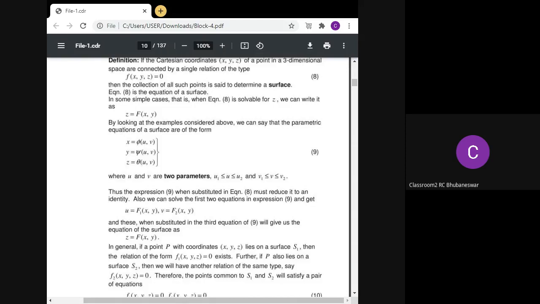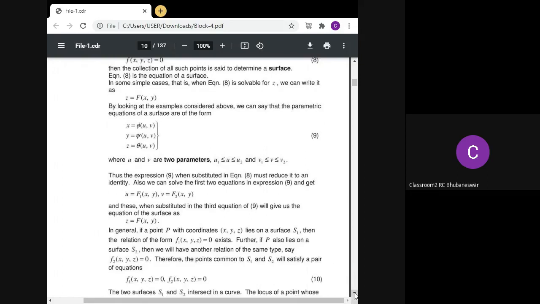According to our requirement, we assign three functions phi, psi and theta in terms of two new parameters u and v, and there must be an interval under which the parameters are bounded. Here u is bounded between u1 and u2 and v is bounded between v1 and v2. We have to take care of the boundedness of these two parameters.